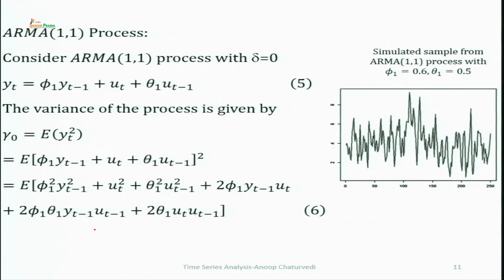So, then we have to evaluate these two expectations, expectation of y t minus 1 u t and expectation of y t minus 1 u t minus 1, and then we substitute the values of those expectations here, and then we will try to find out the value of gamma naught.